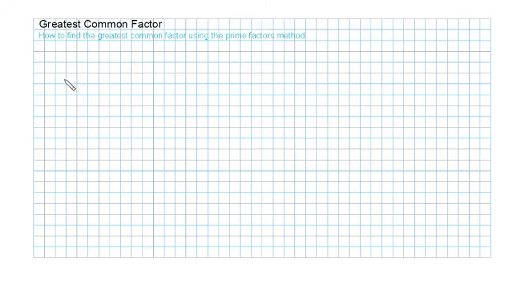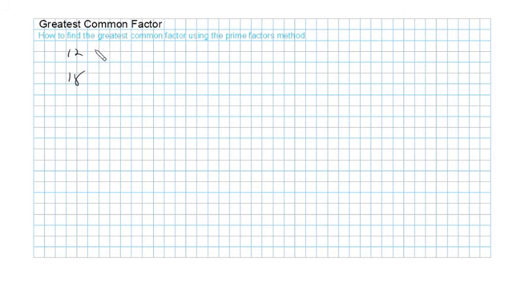Now let's look at finding the greatest common factor. Let's start with an example. Let's suppose we want to find the greatest common factor of the numbers 12 and 18. So let's put the 12 here and 18 here. One way to do this would be to just find the factors of 12 and 18.